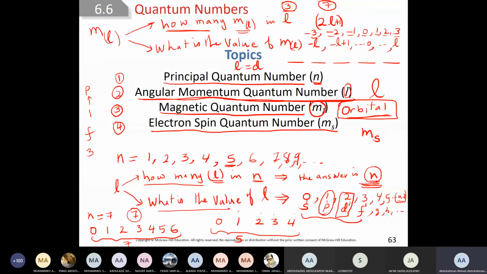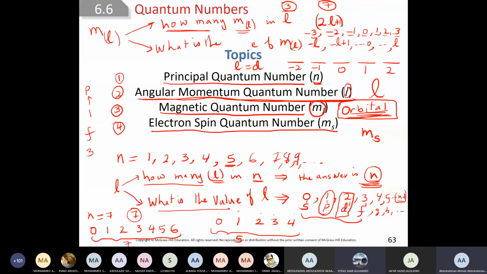Orbital. And what are the values? Minus 2, minus 1, 0, 1, and 2, for L equal to 2, which is D. Clear? Okay, very good.